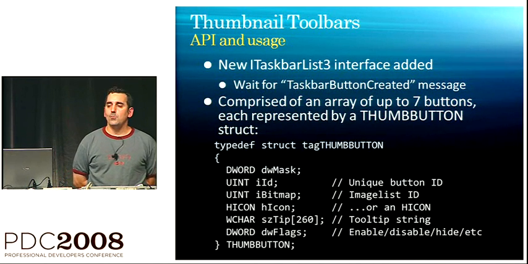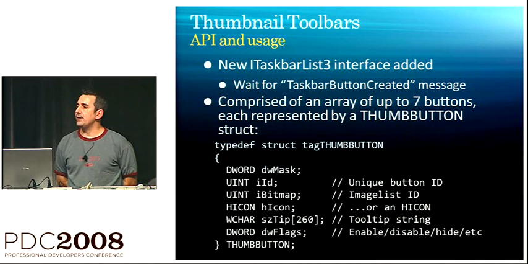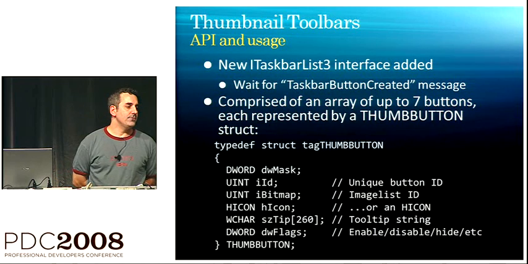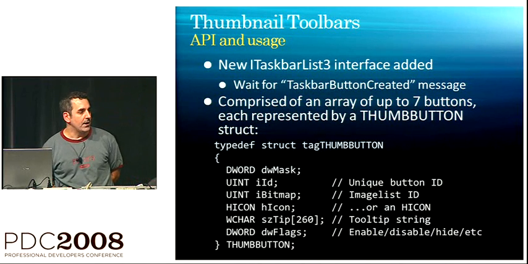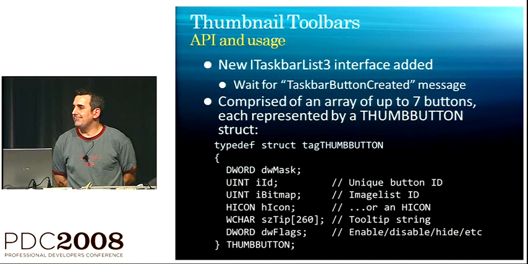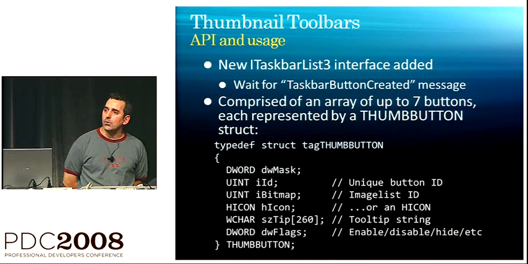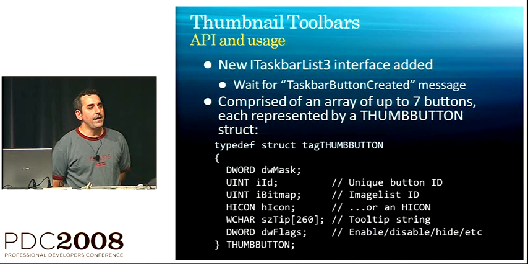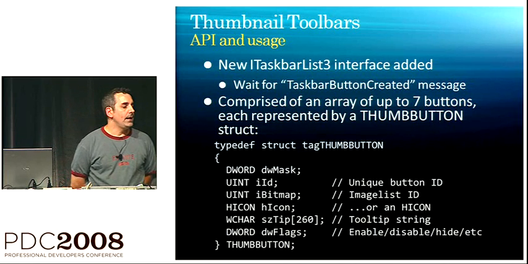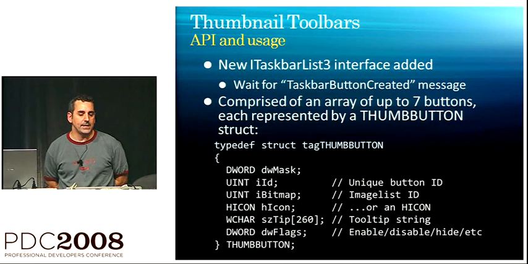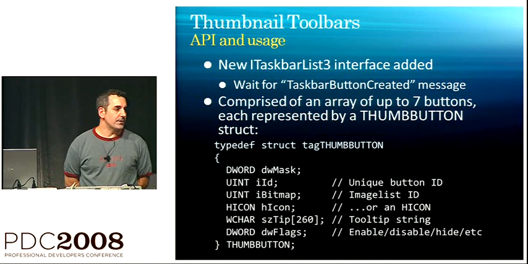And a thumbnail toolbar is simply an array of up to 7 thumb button structures. And the contents of a thumb button structure are really just an ID of the button, either an image list bitmap ID or an HICON. They can have a tooltip, and then a set of state flags for whether or not they're enabled or disabled, hidden, shown, etc.